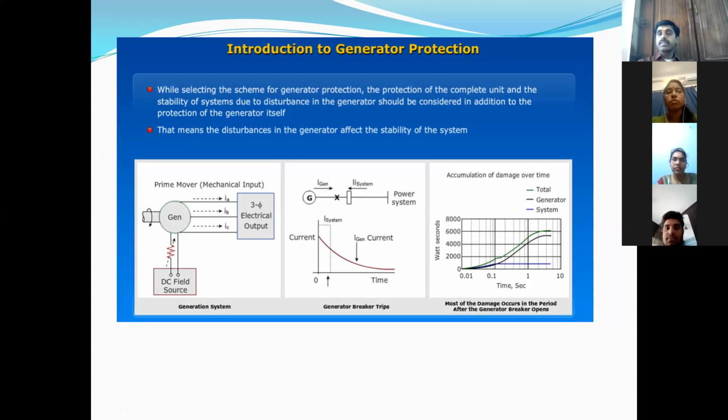The same operating condition should be revived. So once after clearing the fault, when the circuit breaker is opened and connected back, the same amount of power should be transferred to the load. That stability should be considered in generator protection. Disturbances in the generator affect the stability of the system, so to maintain the stability, generator faults must be cleared as quickly as possible.